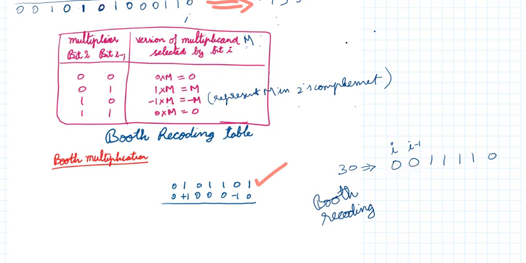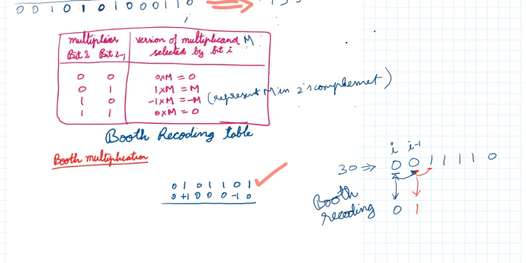If this is 0, the next is 0, I have to put 0. Compare this 0 with this 0, both are 0 means 0. Now compare this 0 with this 1. 0, 1 means you put 1.